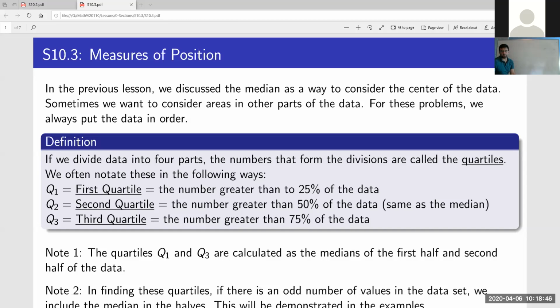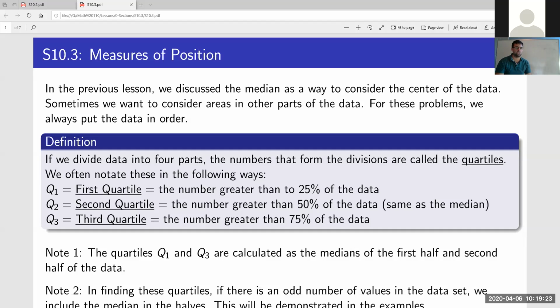So we have quartiles. This is the starting point. If we take our data and divide it up into different zones, we're going to divide this data up into 4 parts.